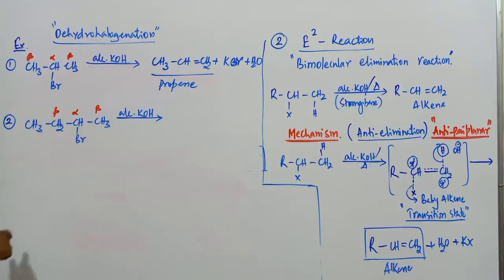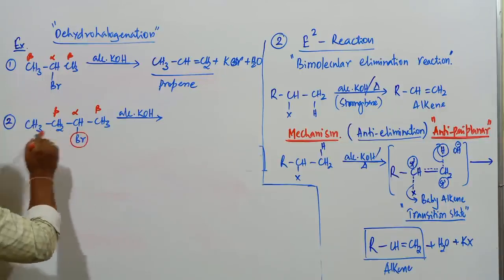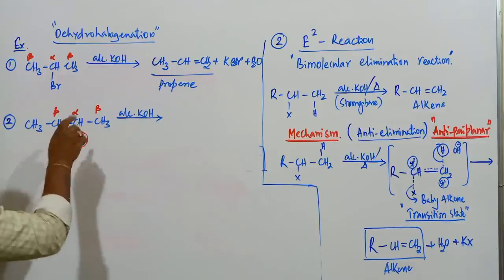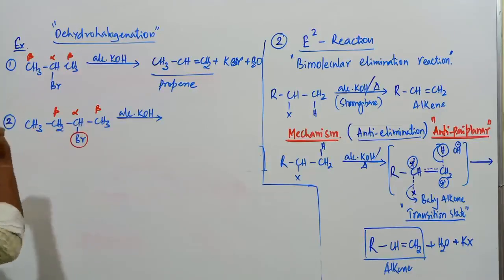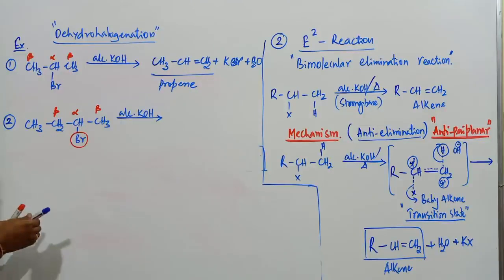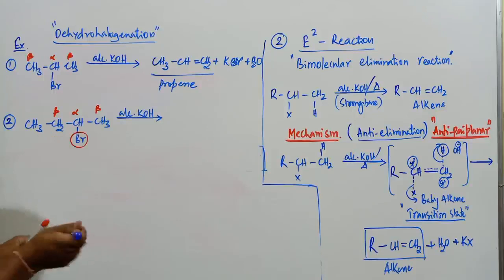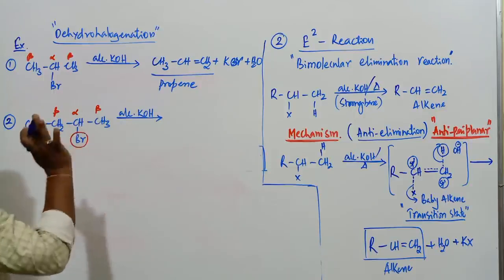Elimination of halogen takes place from the alpha carbon atom, no doubt, this bromine is eliminated. Whether hydrogen is eliminated from this particular carbon atom or from this carbon atom, depending upon the elimination of hydrogen atom from the two different beta carbon atoms, here two products are possible.